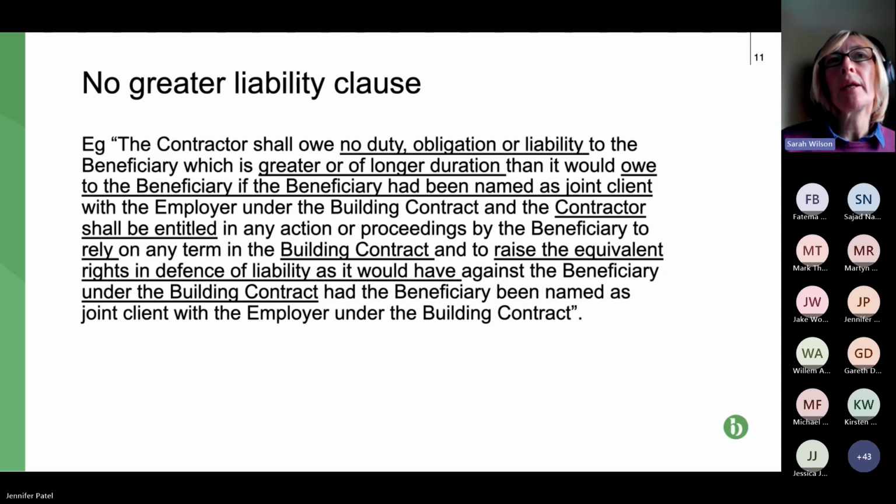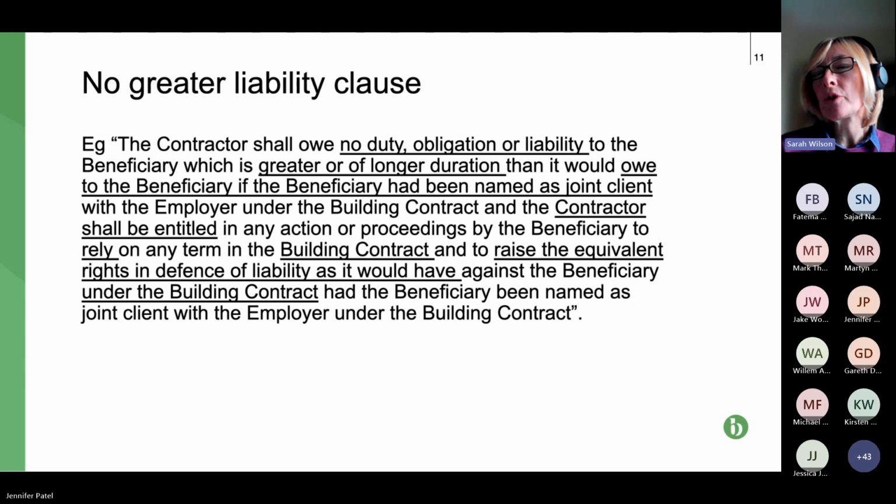The contractor shall owe no duty, obligation, or liability. So it's like including them all, belt and braces, to the beneficiary, the person who benefits from this collateral warranty. The contractor owes no greater obligation to the beneficiary, or of longer duration, than it would owe to the beneficiary if the beneficiary had been named as a joint client with the employer under the building contract.